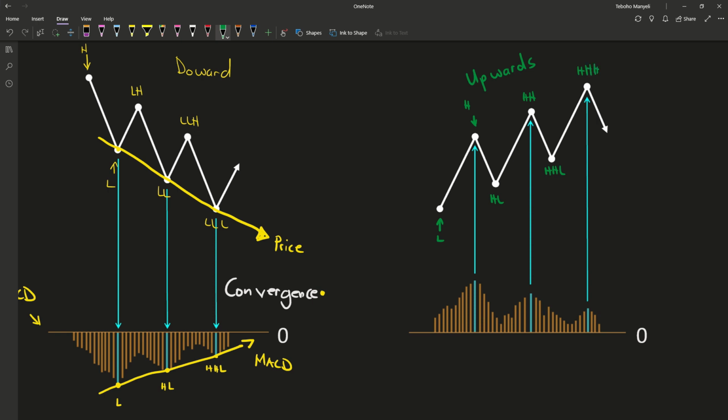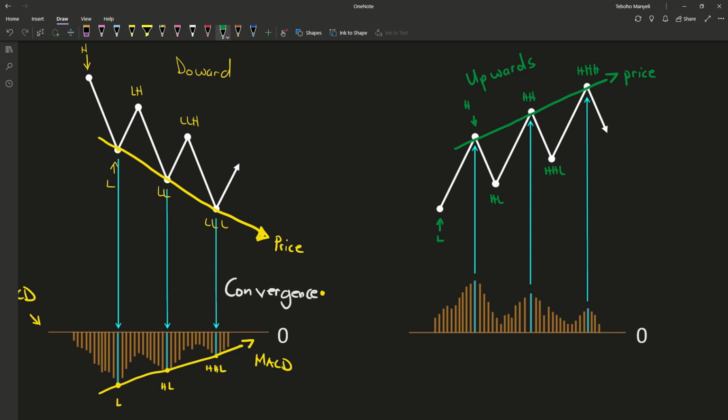So that says that the market is going upwards. And as we're creating these highs, if we connect them like this, we can realize that the general direction of the market here is moving upwards. So price is moving up.